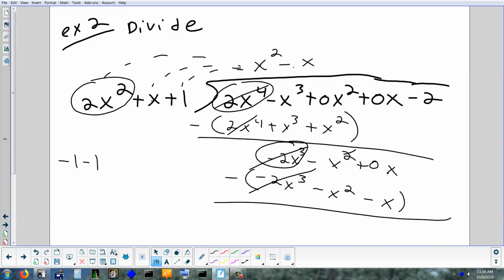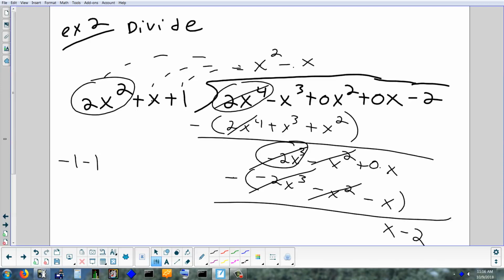That cancels too. So because that happened, we're basically at the last step now, because when I'm done, I'm going to have an exponent of 1, which is smaller than 2, so we can't divide anymore. 0 minus x is plus x, and then bring down your 2.